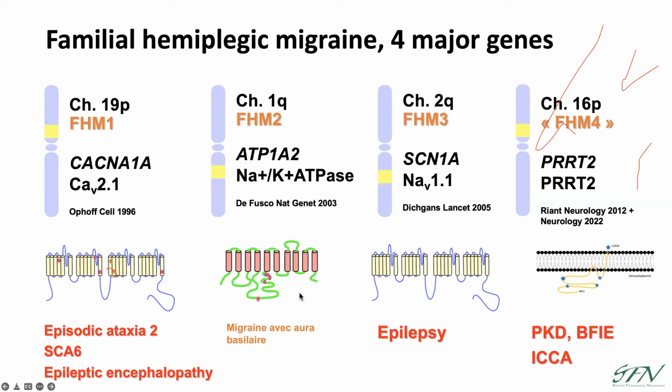The second gene is a sodium-potassium pump expressed in astrocytes. The third gene is a sodium channel, and the 4th gene that was mainly studied in France is a small molecule called PRRT2, which is helping the calcium channel gene to do its work.